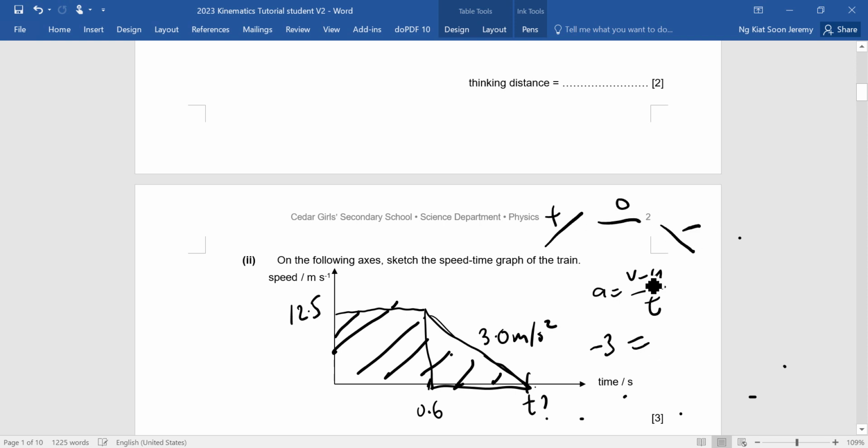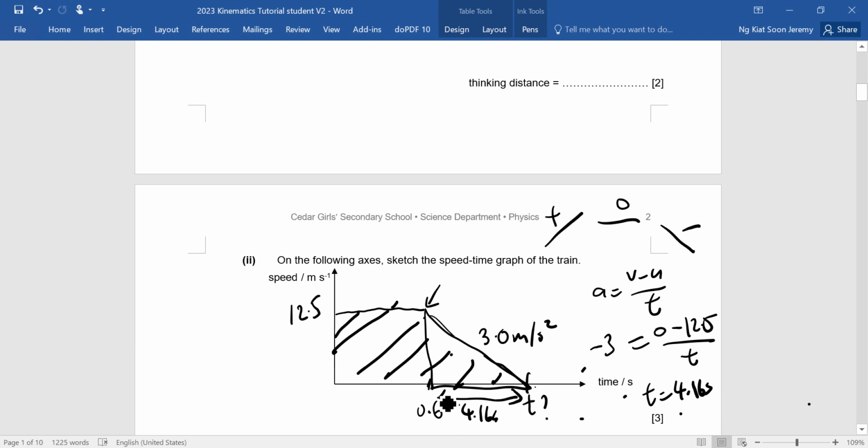Then the final speed is actually 0, and the initial speed is actually 12.5, because I'm just looking at this region. The time taken is what I want to know, and it is 4.16 seconds. So this time here is 4.16 seconds.